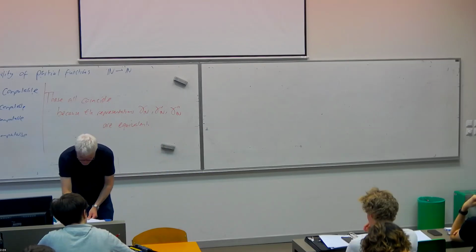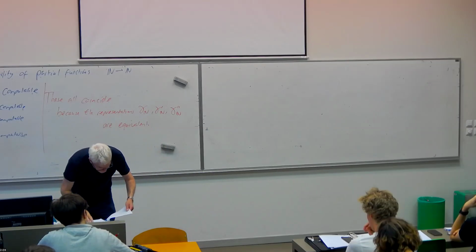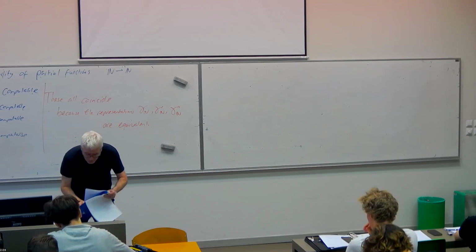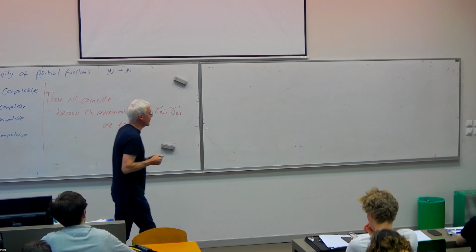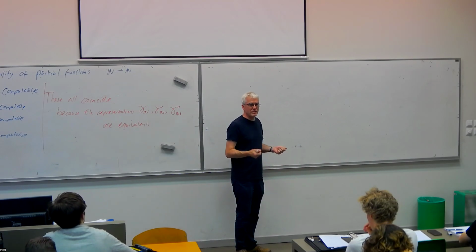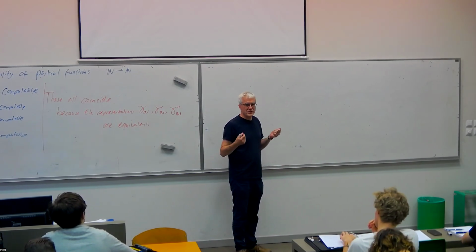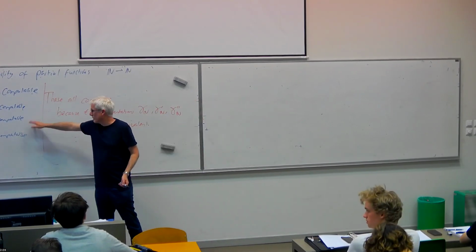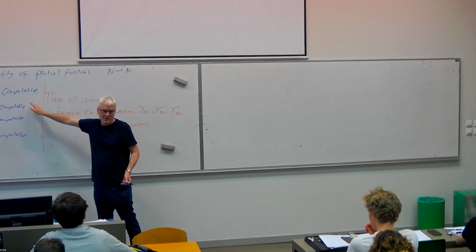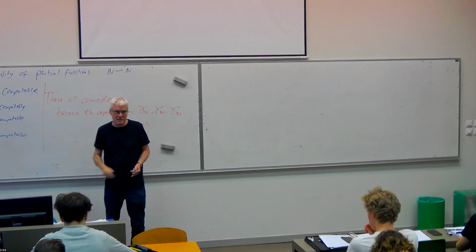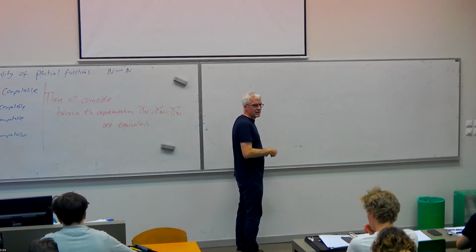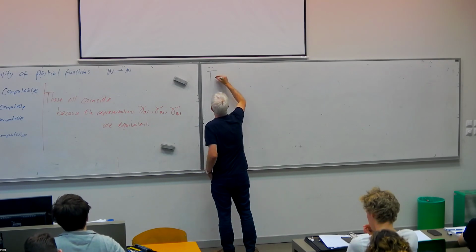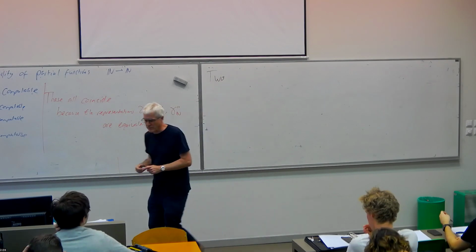The point about equivalence is we're going to have a notion of what it means for two representations of the same set to be equivalent. Here it makes sense to talk about equivalence because all the representations were representations of the natural numbers. But in general, if you've got two representations of the same set, you can say, are these two representations equivalent? So this is an important definition.